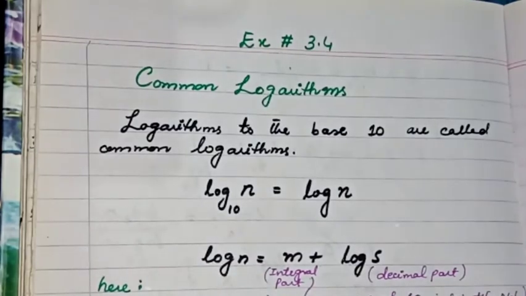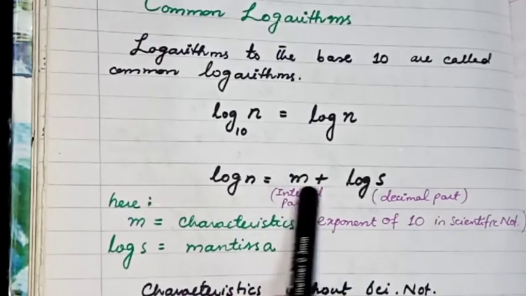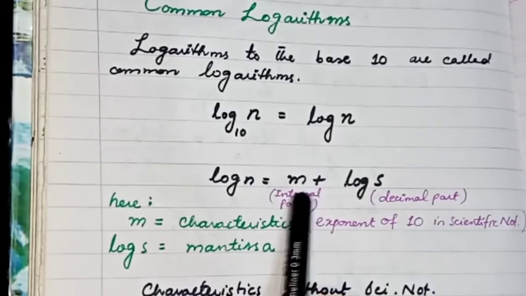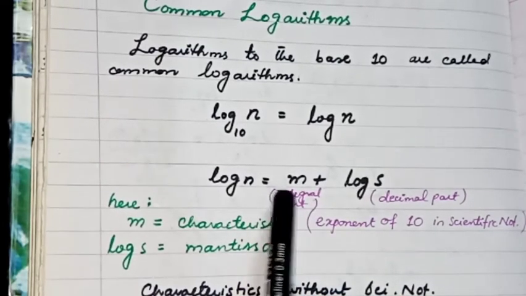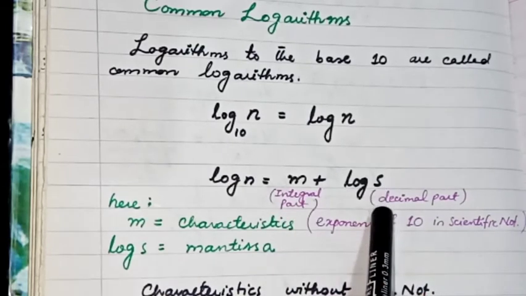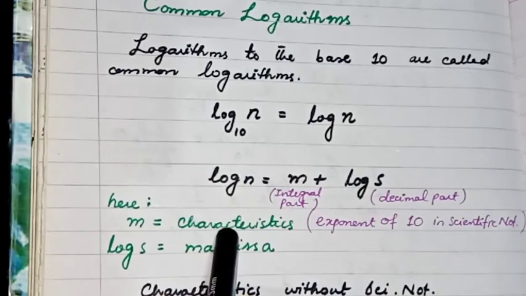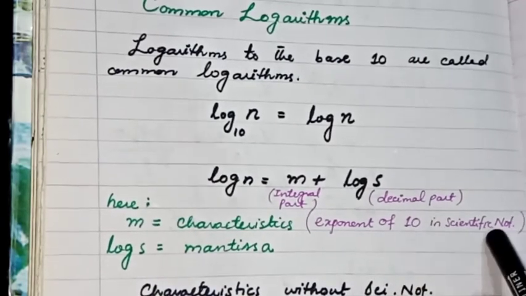common logarithm. And common logarithm can be found by writing like this: log of n is equal to m plus log of s. Here m is the integral part that comes without decimal, and log s is the decimal part. Here m is called the characteristic, and it is the exponent of 10 in scientific notation.